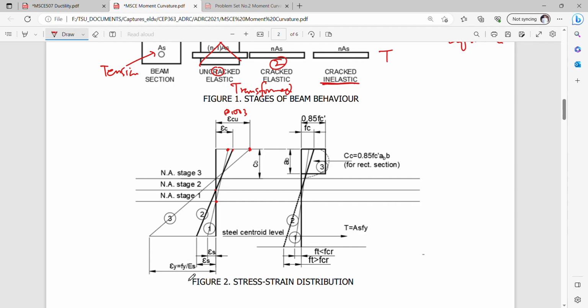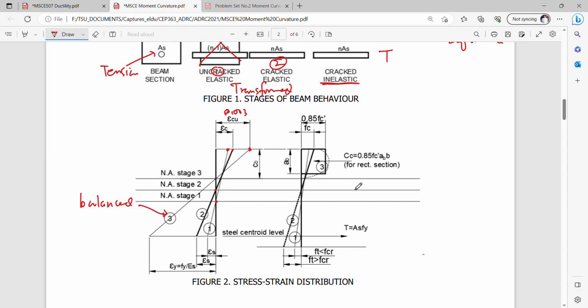Of course, we are talking here of a balance strain condition in stage 3. So for the stress distribution, we take note that all the balance parameters here are simply converted into the balance stress block depth AB. Okay, that will describe or define your compression.